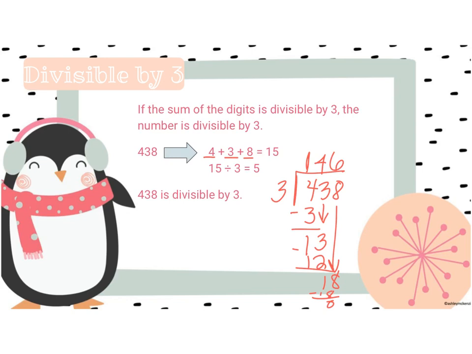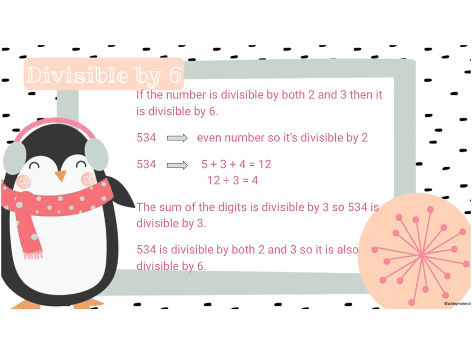We good so far? Okay, 534. It's an even number. I know instantly it can be divided by what? 2. Because it's even, it can be divided by 2 no matter what. It ends with an even number.